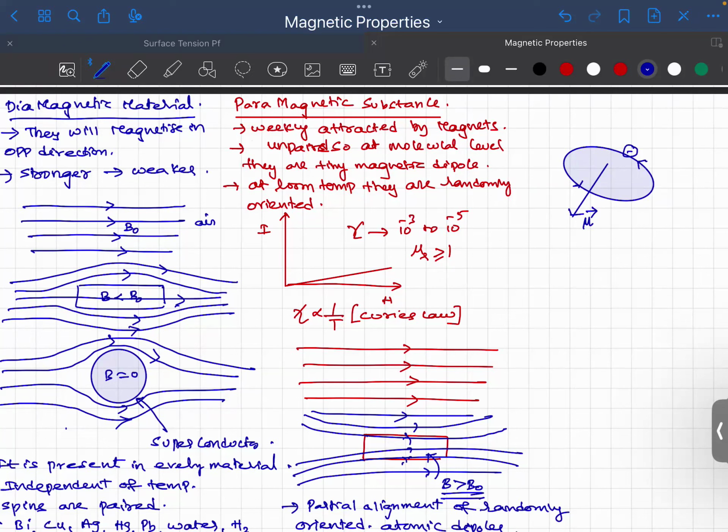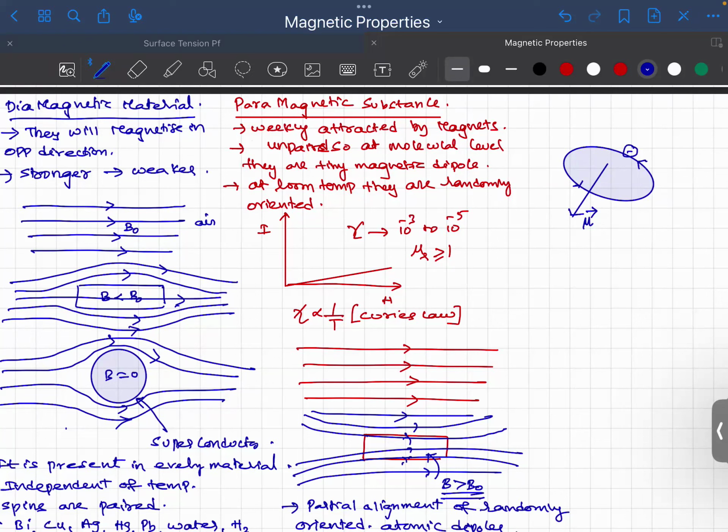What happens when you apply a magnetic field externally? Some of these dipoles will try to align along the direction of the magnetic field, which contributes some net magnetic moment, but it is very small. The intensity of magnetization is very small. I can say relative permeability is greater than 1.